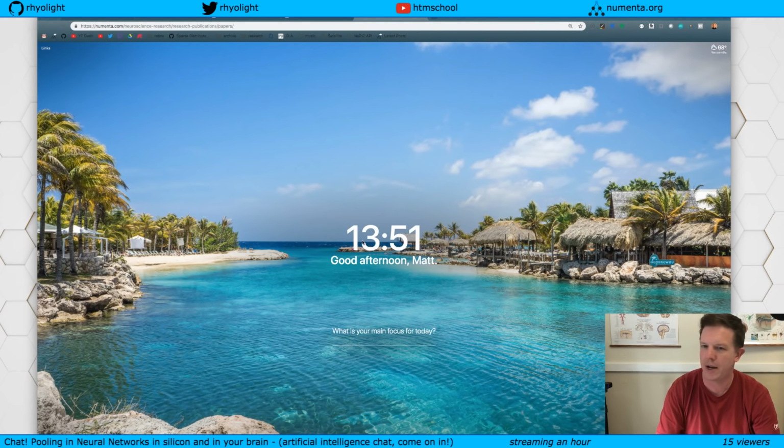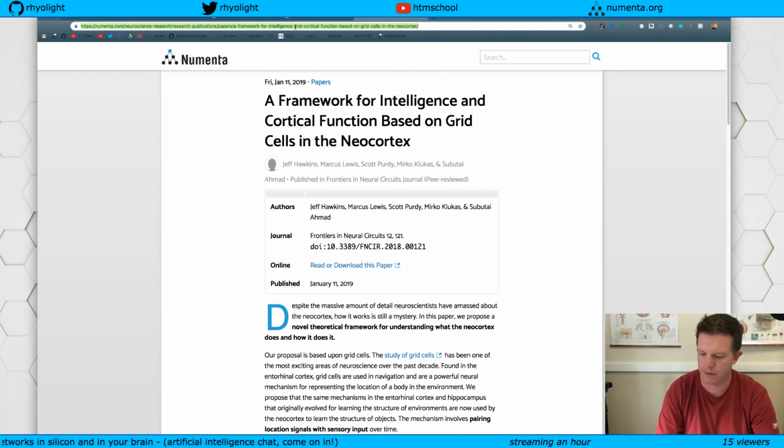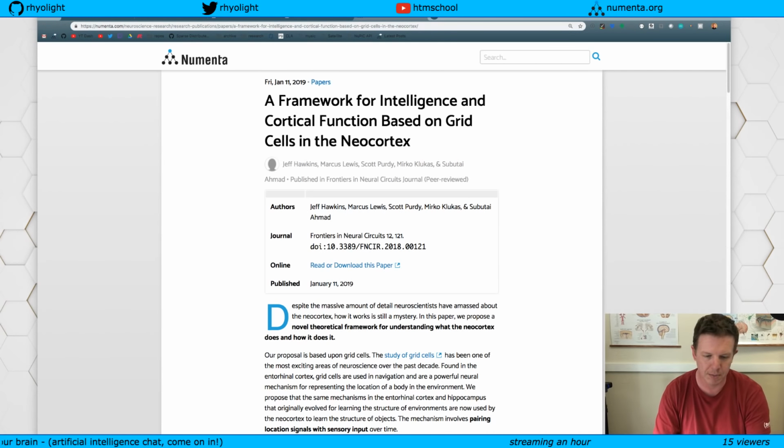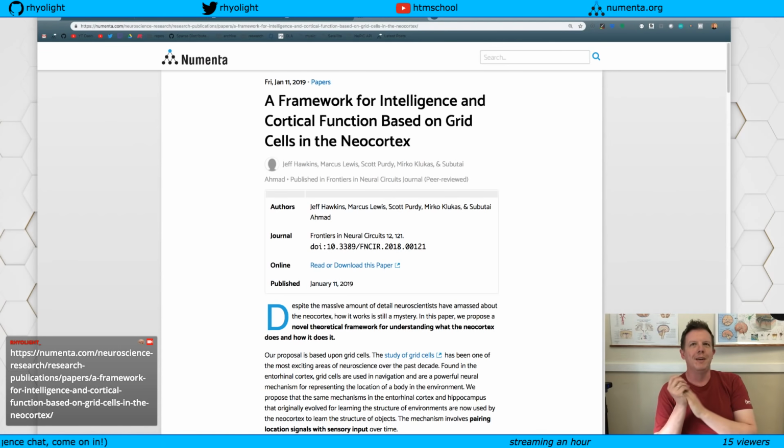This one right here defines the idea of displacement cells. Now I always get too deep because these chats get deep fast, but you have to understand how grid cells work. You can represent different locations in space.